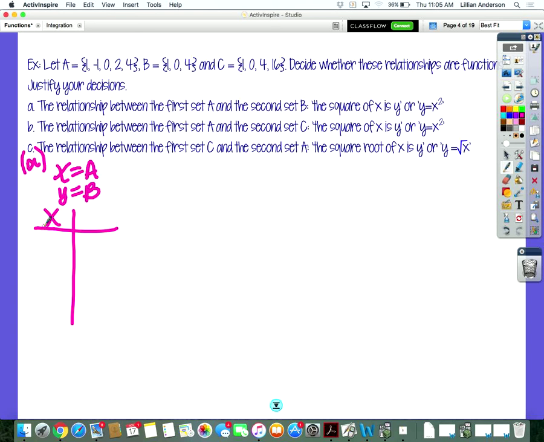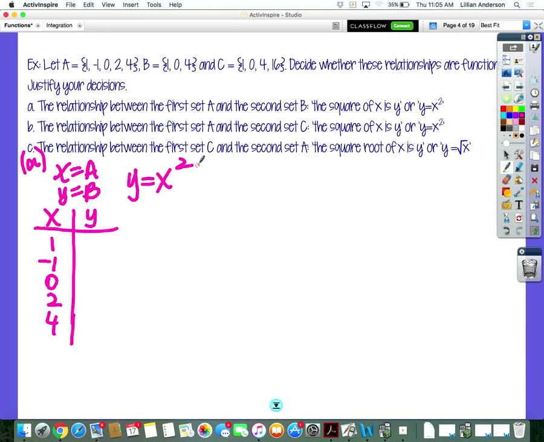Yes, you could do a mapping diagram, but I'm going to try to show you as many ways as I can think of to represent this. Okay? Let's see. For A, we have 1, -1, 0, 2, and 4. And for my Y's, which are technically going to be my B, these also fit into the stipulation of Y equals X squared. We are given that.